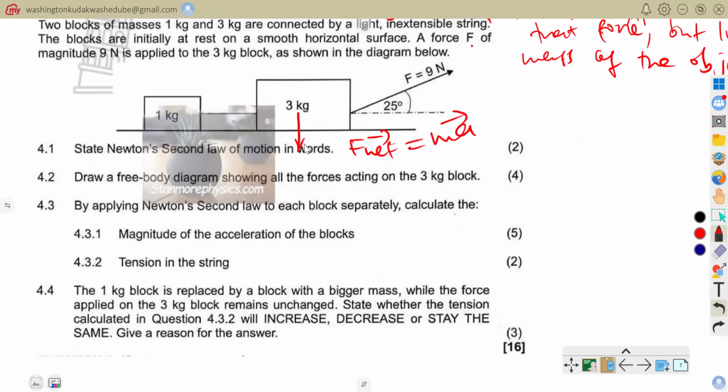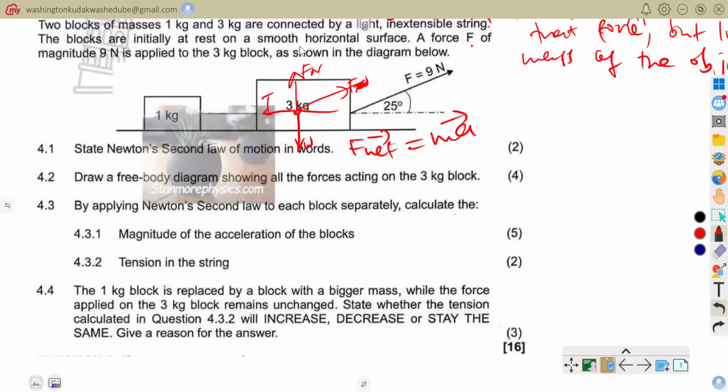We have got weight, and then we have got a normal force, and then we would have this force that is acting in this plane, maybe we can say F, and then we would have tension. So how many forces are there? 1, 2, 3, 4. And that is the number of marks that are given there.